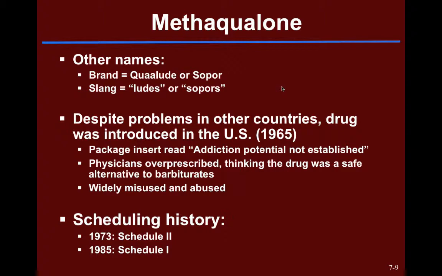And you're probably familiar with its history of pretty broad misuse and abuse. And we actually saw that make it onto the federal schedule, Schedule 2 in 1973 and Schedule 1 in 1985. So no longer prescribed for any health reasons here in the United States.